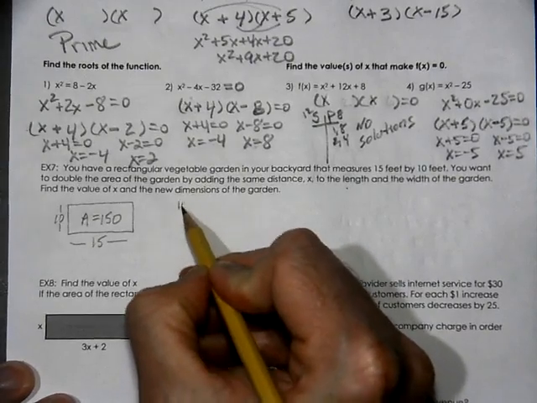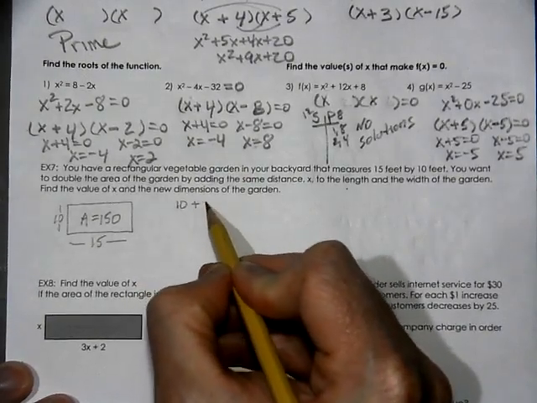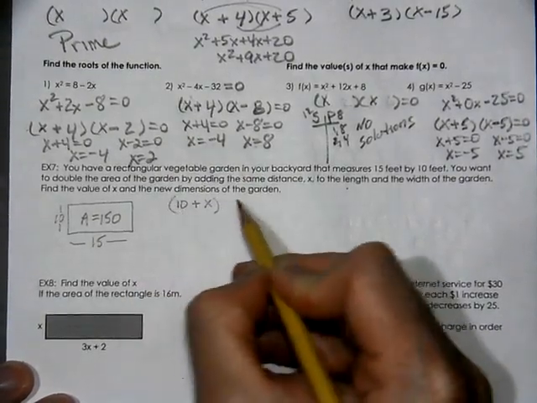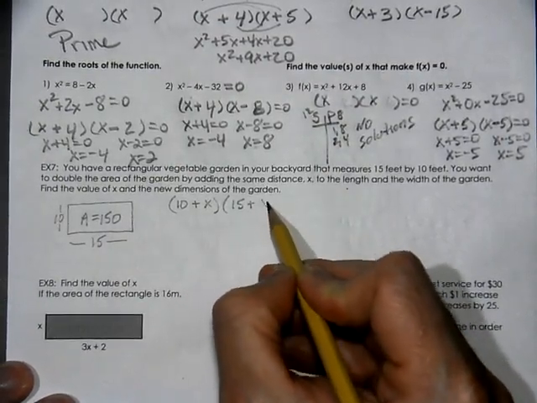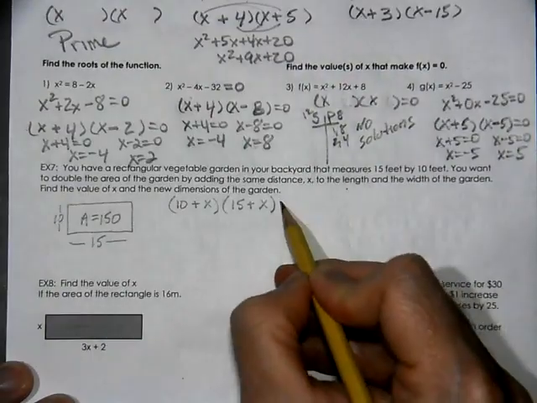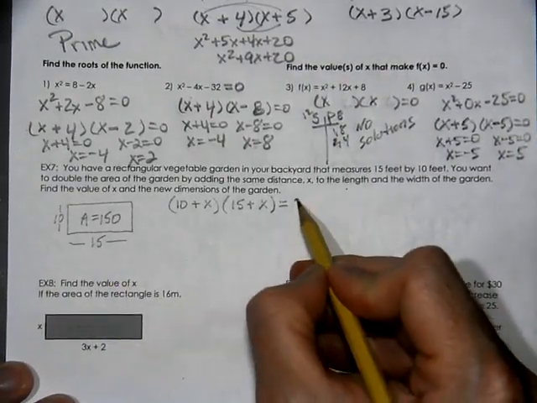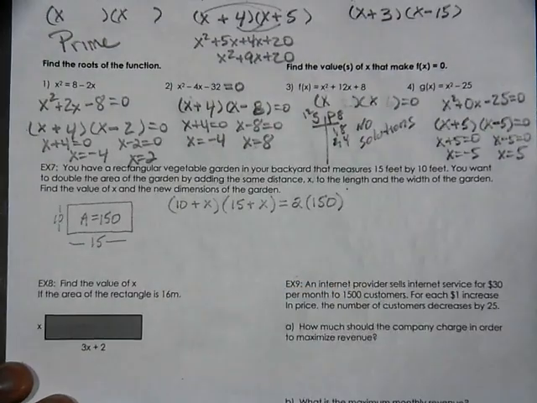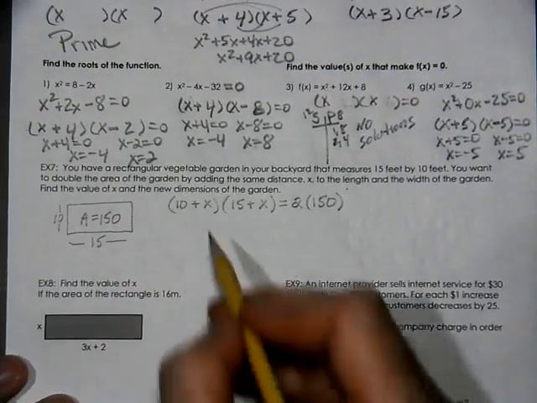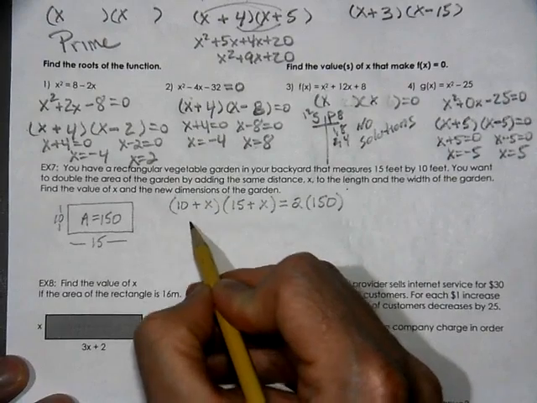So we're going to take the 10 and add a number to it. We're going to take the 15 and add a number to it. And we want that to be twice as big as 150.